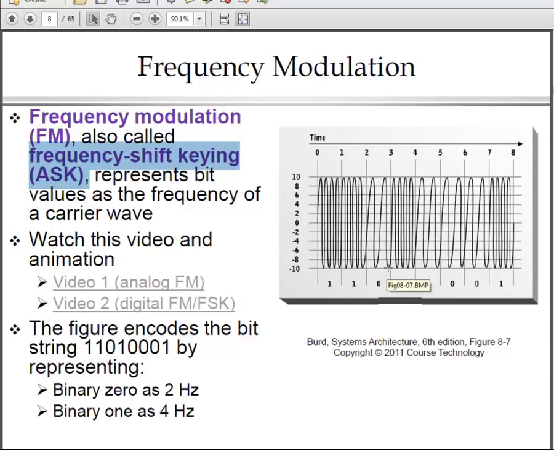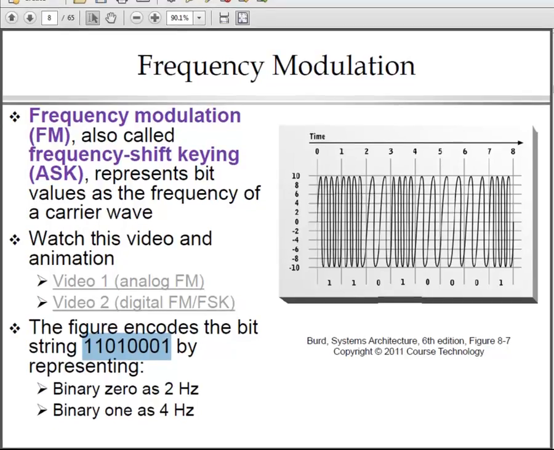So in essence, in this example on the right, we're representing 0 as a 2 hertz wave, held for a certain period of time, and we're representing a 1 as 4 hertz, held for the same period of time as the 2 hertz. So this figure on the right encodes exactly the same bit string that we encoded on the left under amplitude modulation.